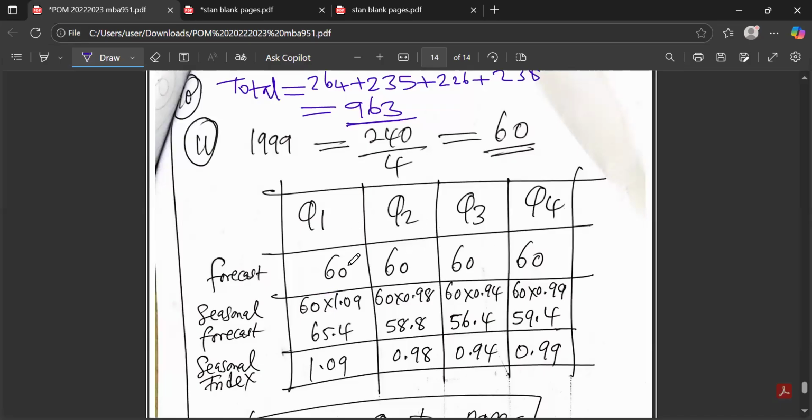So the 60 multiplied by seasonal index, so the seasonal forecast for quarter 1 is 65.4. The other one is 58.8, 56.4, and of course the 59.4 for quarter 4.